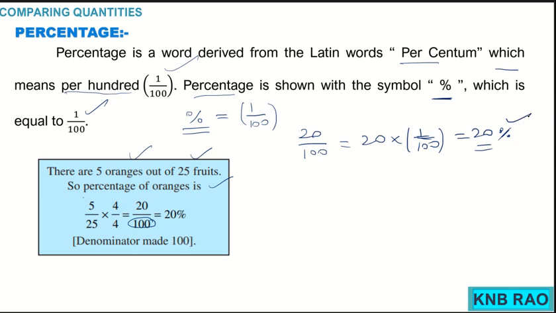It is 20 percentage, or the percentile symbol represents 1 by 100. So 5 out of 25 is 20 percentage.